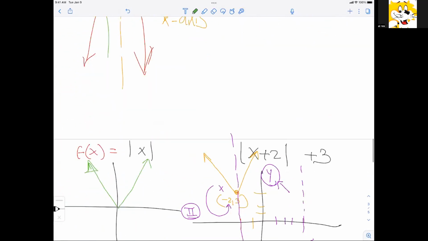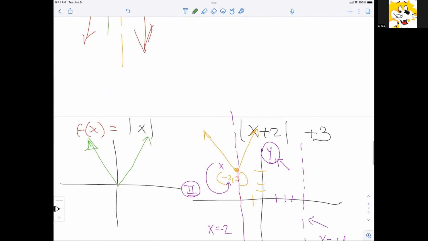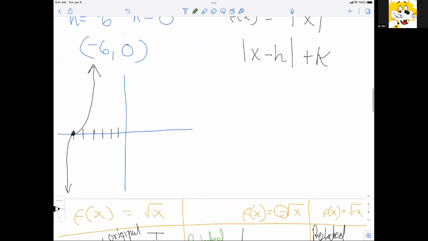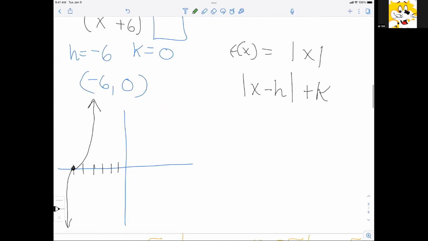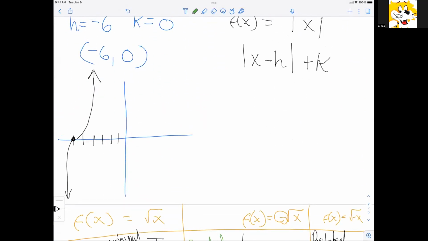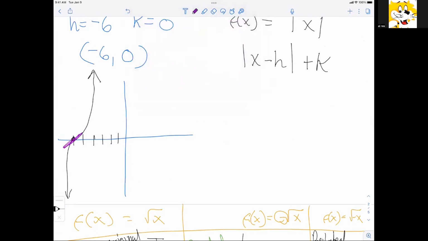What type of symmetry does the cubic function have? Where's my cubic function? Right here. What type of symmetry does this graph have? This is origin symmetry.